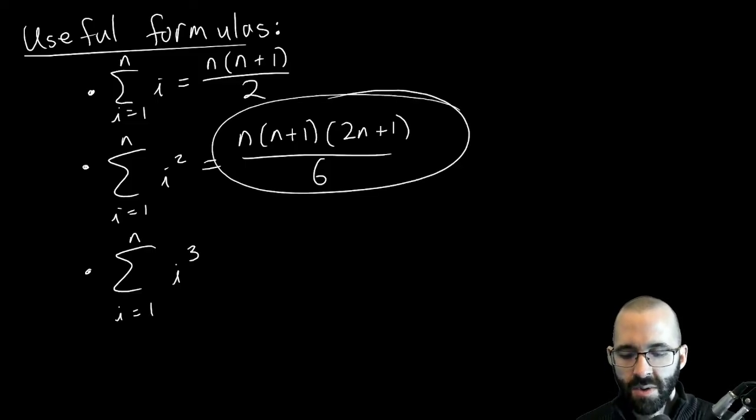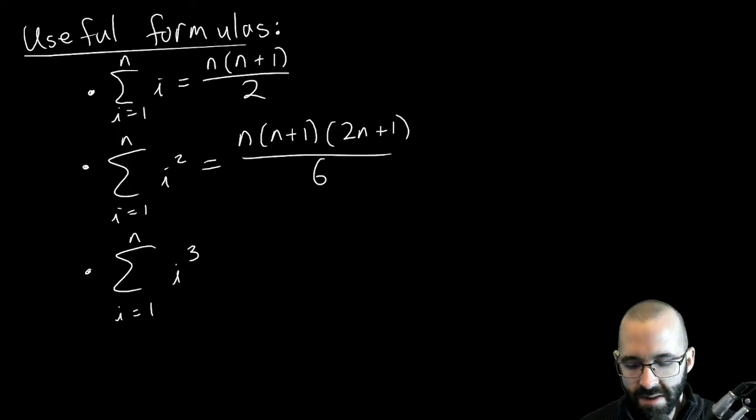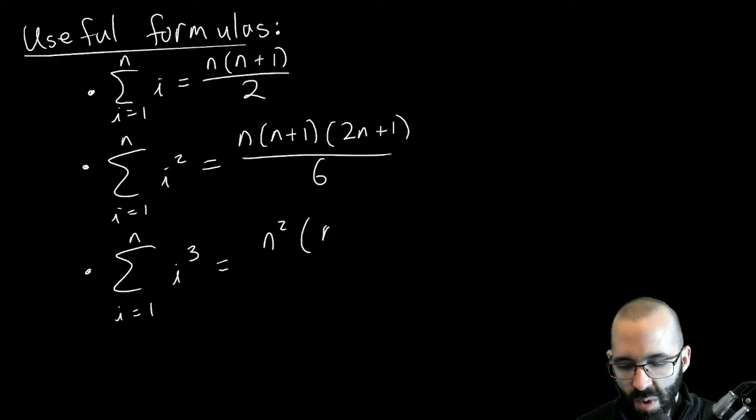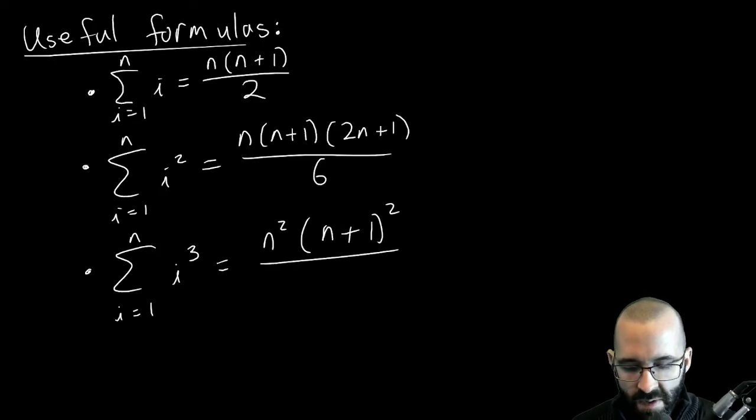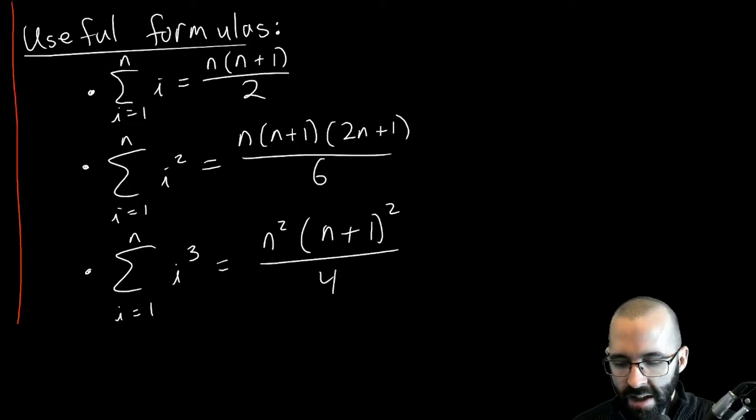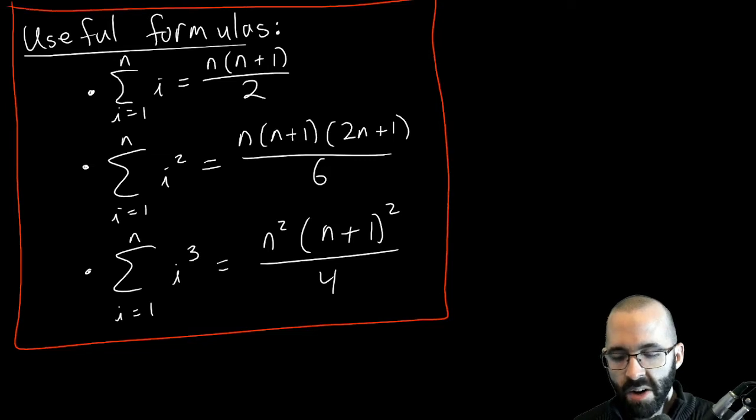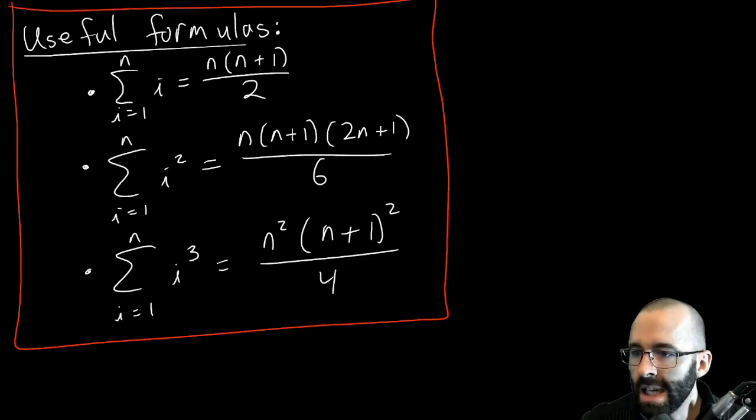And whatever n is, we just plug it into that formula and we can get that sum. And then this one is weirdly kind of nicer. This cubed one is going to be n squared times n plus 1 squared all over 4. So these are nice handy dandy little formulas. Make a note of them, use them, keep them accessible in your notes.